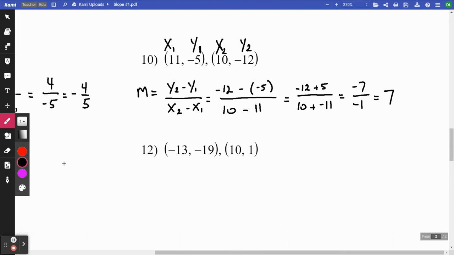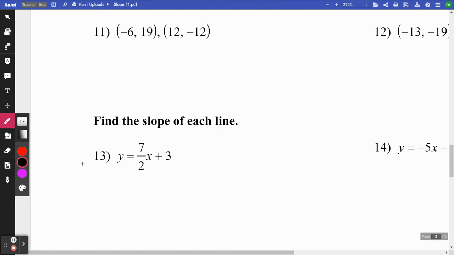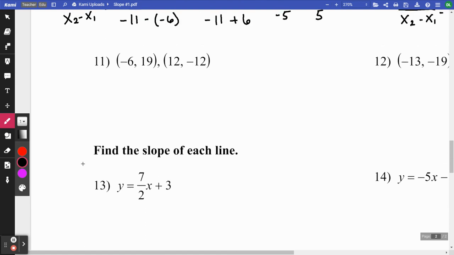All right, let's look at number 11. Again, x1, y1, x2, y2, m equals y2 minus y1 over x2 minus x1. We should be getting into a little groove here.